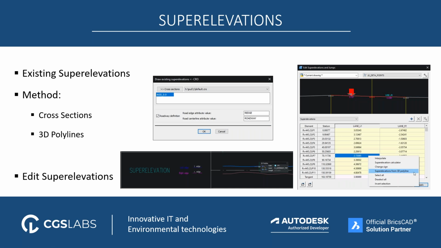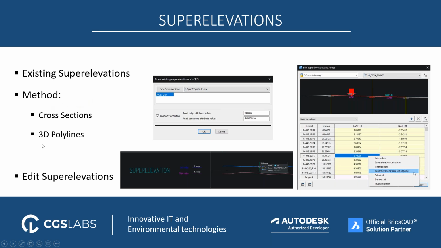So here we will define the existing super elevations. Here we have two options: by using cross sections or 3D polylines. With cross sections, if you use that method, we must first save a file. Within it, we can define which points are our road edges and which is the center line.